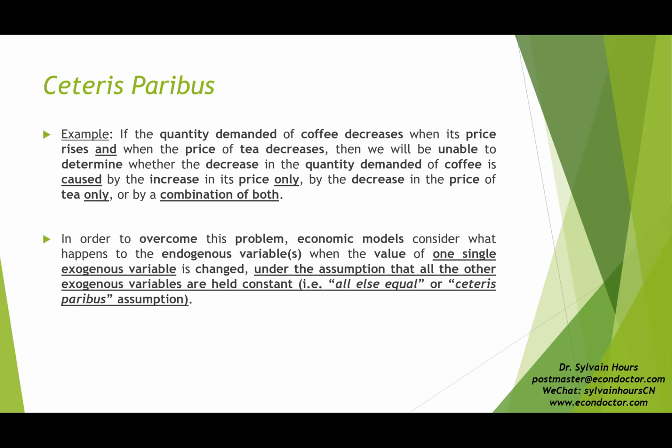Then if you see that the quantity demanded of coffee changes, you know for sure that it has been caused by the change in the price of coffee and not something else. So you can actually establish a cause and effect relationship. You can relate the two economic variables in a logical way. That's the purpose of the ceteris paribus assumption. We call that comparative statics, but this is not very important.